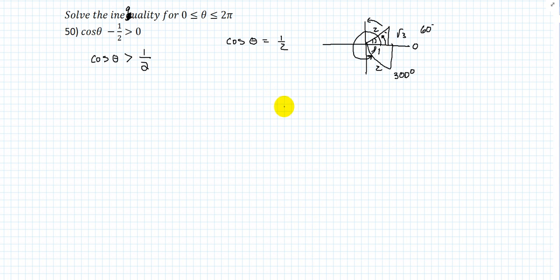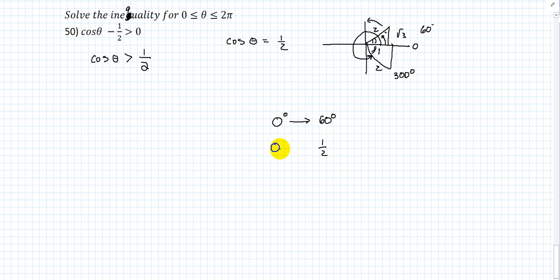Okay, so hopefully I didn't give you too much of a hint there. Cosine theta being bigger than 1/2, when it gets to 60 degrees, and I'll go ahead and stay in radians, so it starts at 0, and then when it goes to 60 degrees, that's when it's 1/2.